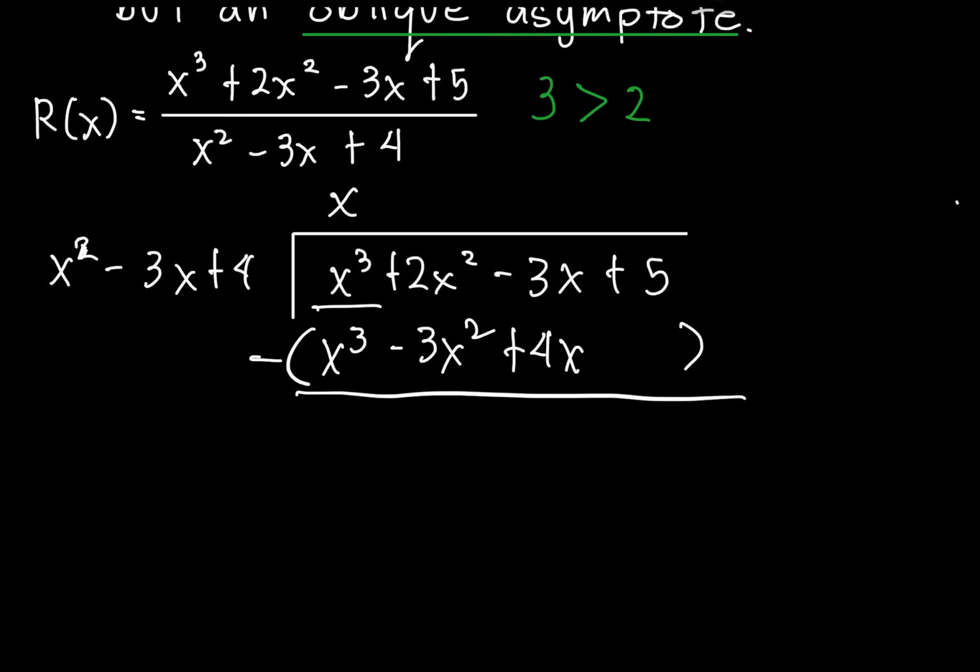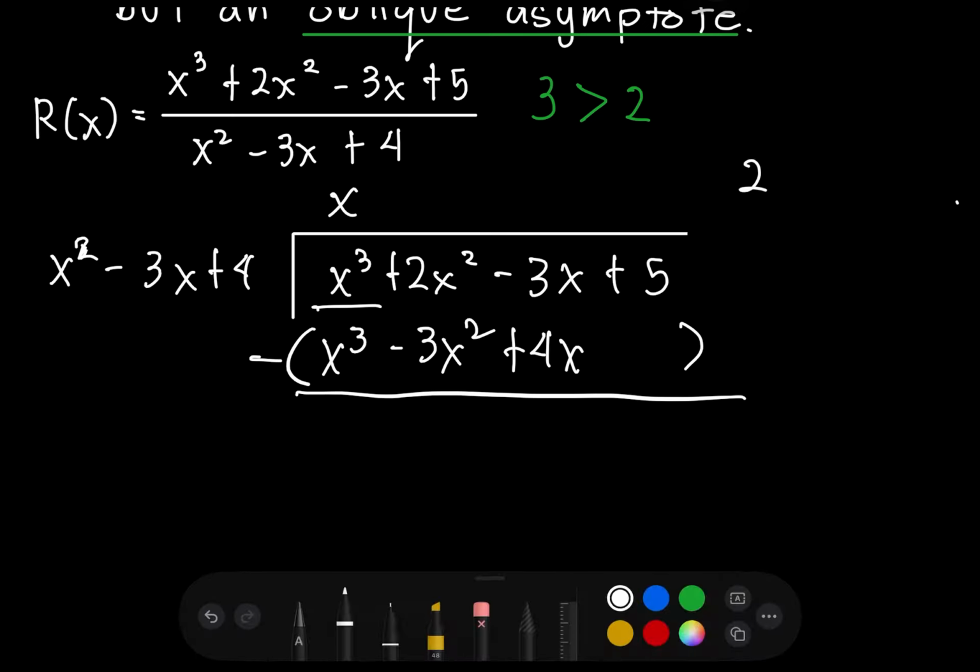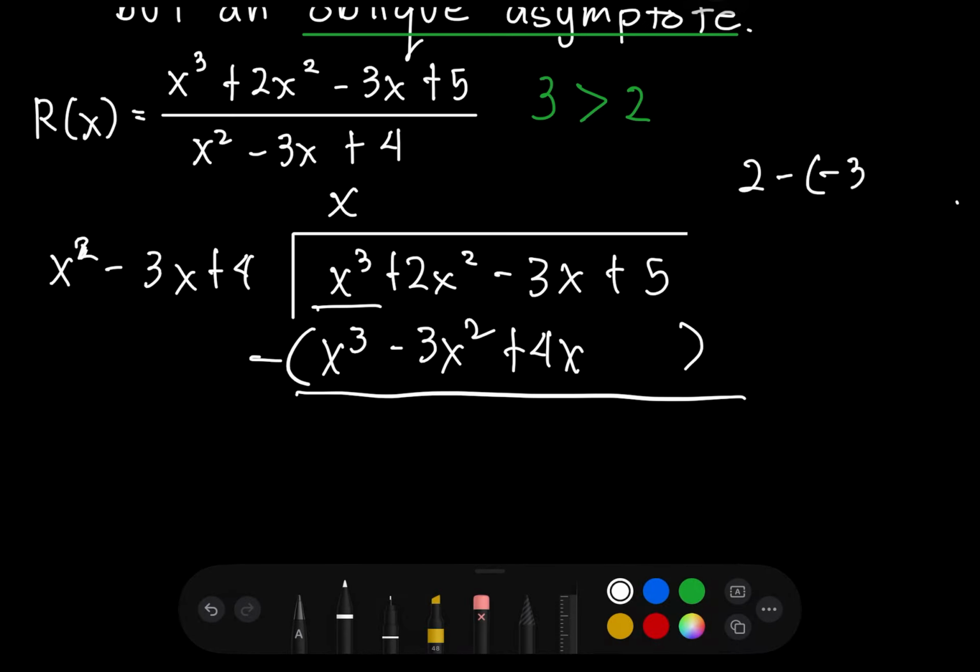2x squared minus negative 3x squared. So, that would make it positive. Bakit siya naging positive? It is like 2 minus negative 3. So, negative times negative, that is positive. That's why it would be 5x squared. Okay?